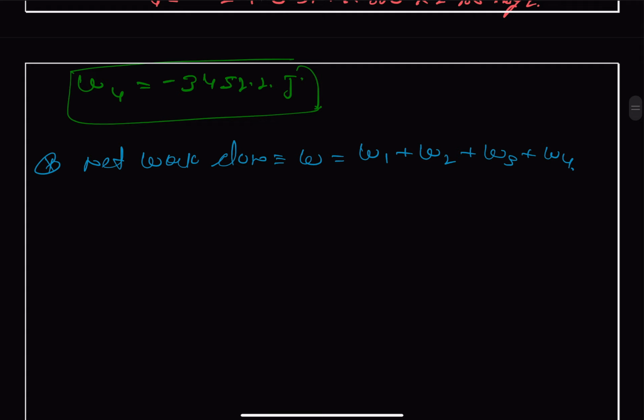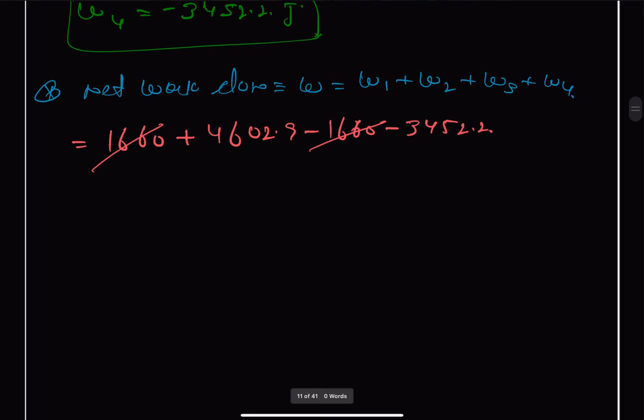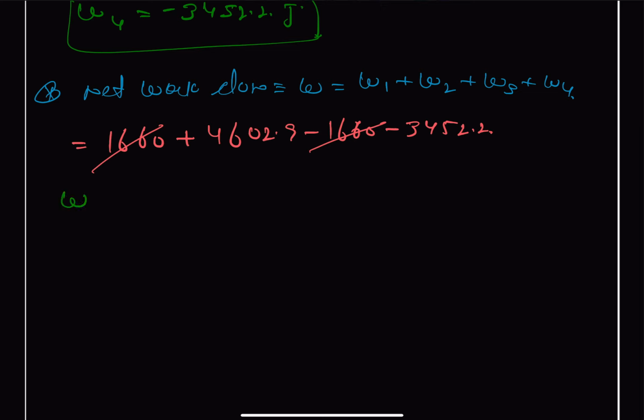We substitute the values, we get this as 1660 plus 4602.9 minus 1660 minus 3452.2. 1660 cancels out, and we get the net work done W will be equal to 1150.7 joules.